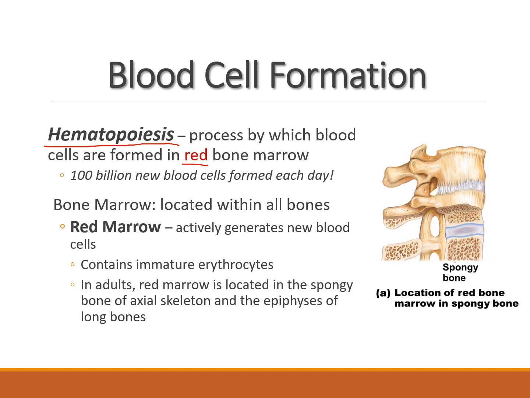And the red bone marrow lives in the spongy bone, right? So we talked about the different areas of the bone, and the spongy bone contains that red bone marrow, okay? So the red bone marrow is the location for all these new blood cells being formed, okay?